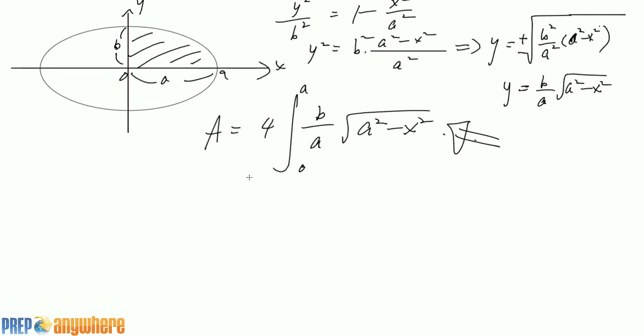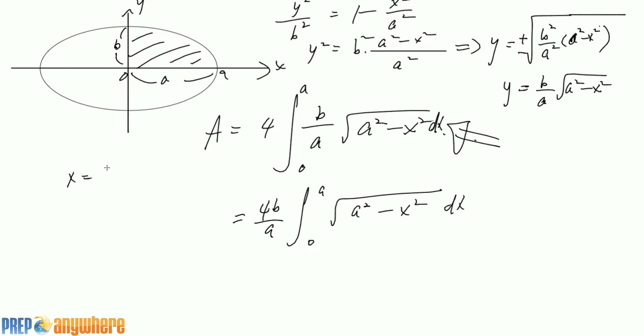Okay, so it's 4b over a, first of all, 0 to a, and the substitution that we need to make is that x is equal to a sine of theta again, right? So dx is equal to a cosine of theta d theta. So we get 4b over a.